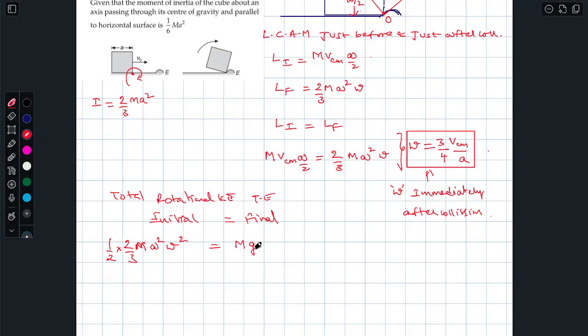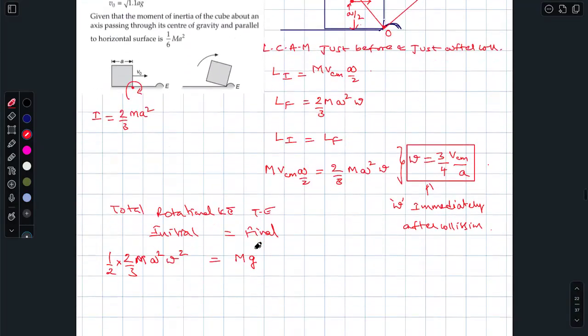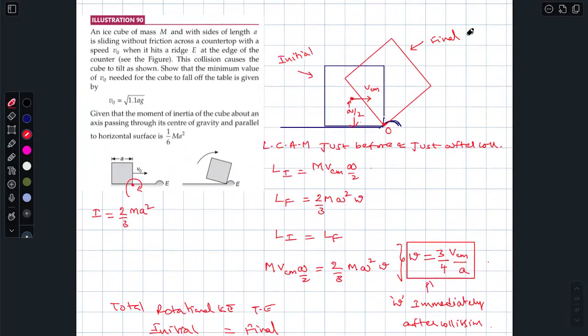Please try to understand. Total diagonal height is root 2 a, out of which center of mass height is a by root 2.